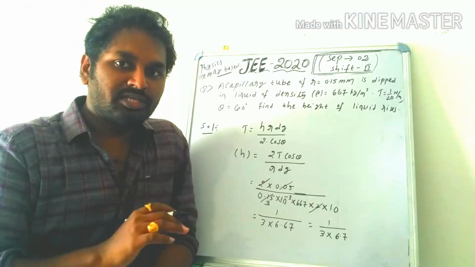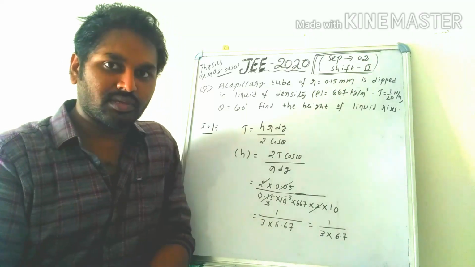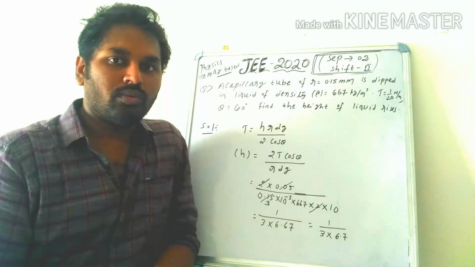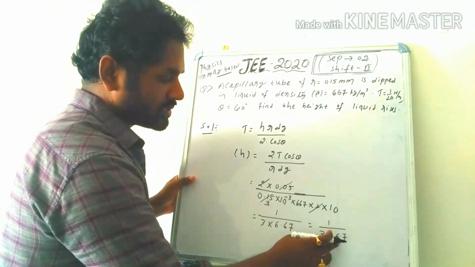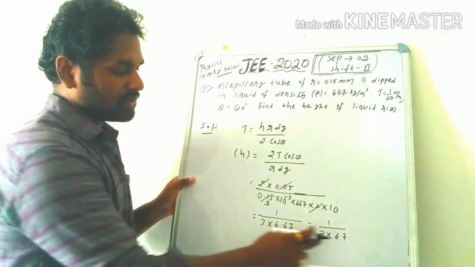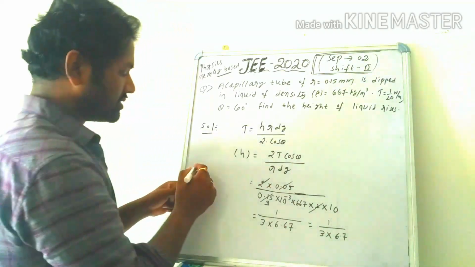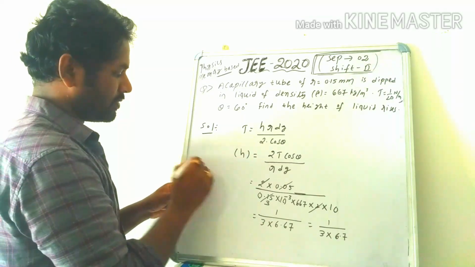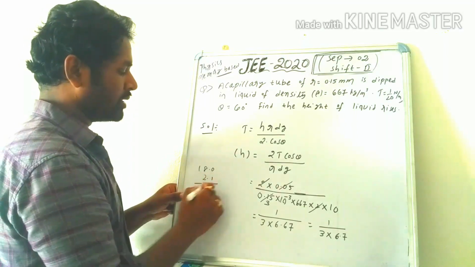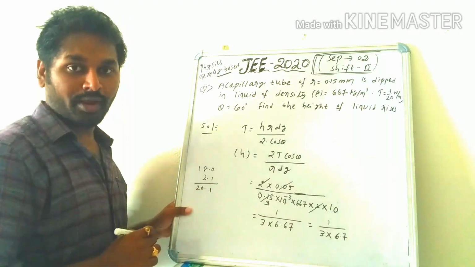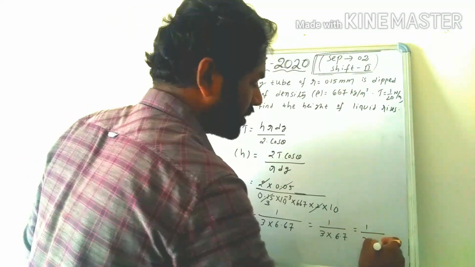So in exam, calculations are very important. If you look at the options, somehow we can get the nearest answer. 6.7 into 3: 6 3s are 18, 0.7 into 3 is 2.1. It comes as 20.1. So that is equal to 1 divided by 20.1.